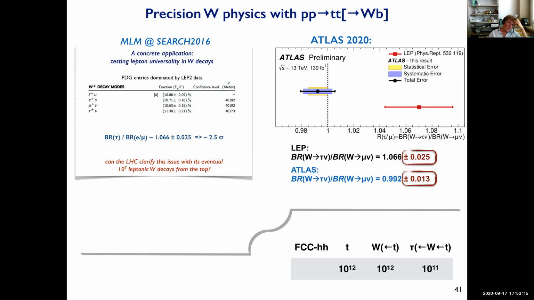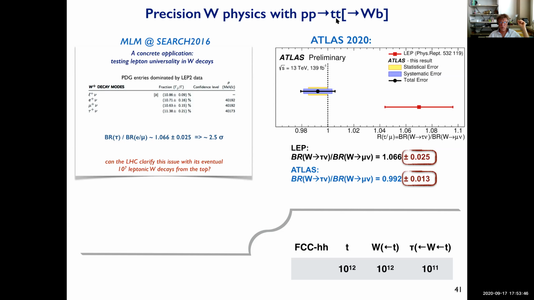Here also the hadron collider can help. For example, there was this recent determination of lepton universality in the decay of the W, the comparison between the W going to tau branching ratio relative to the W going to mu or e lepton branching ratio. LEP2 finished leaving a 2.5 sigma disagreement with lepton universality.